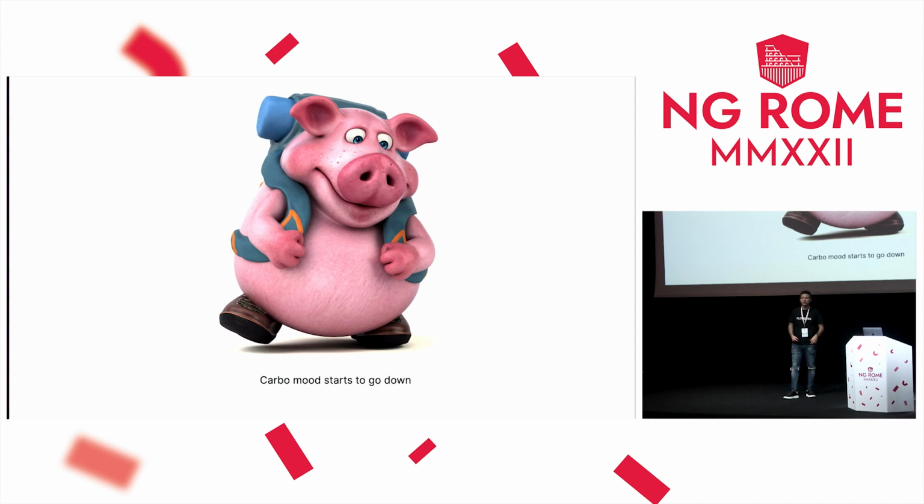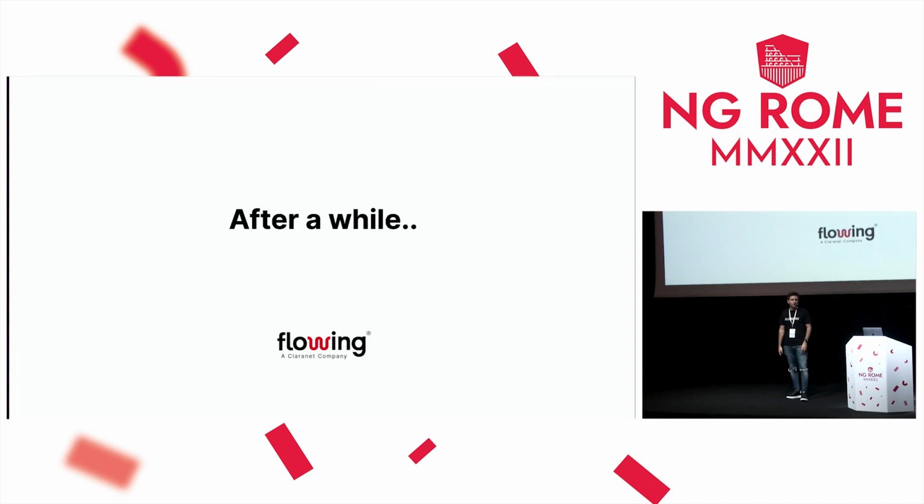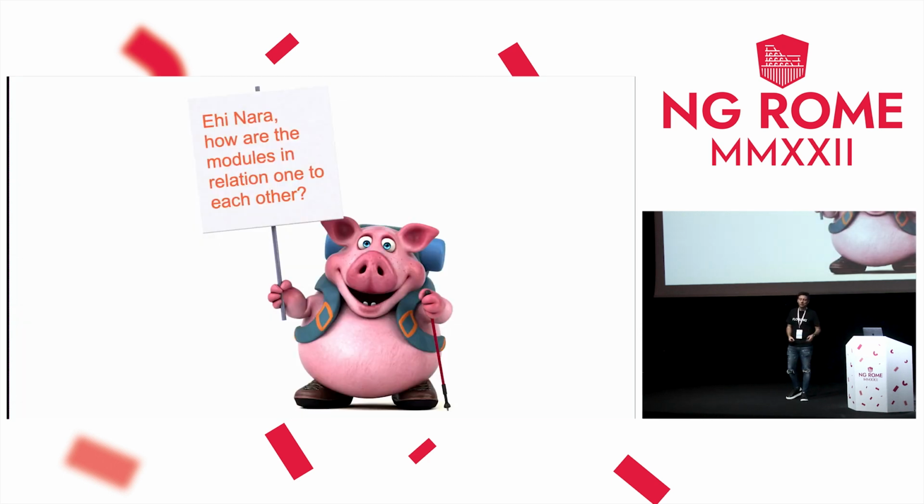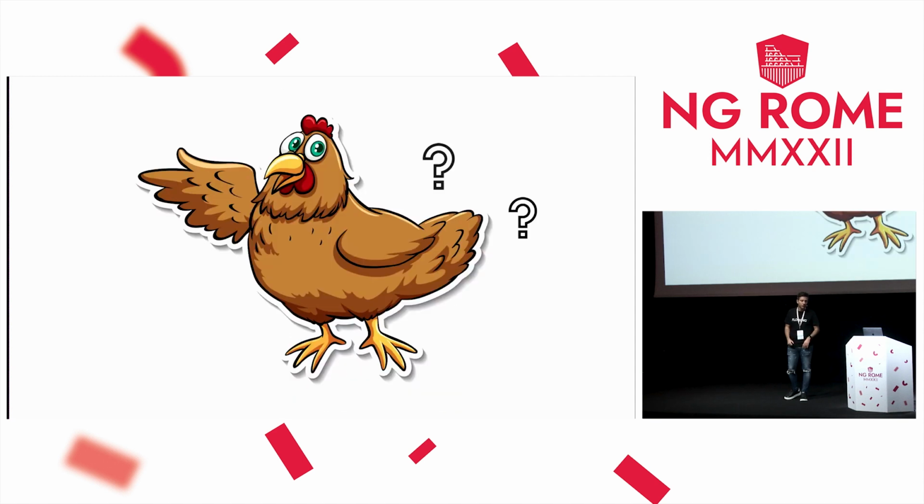Nara continues the onboarding, speaks about the code base, about the decisions made by the team, and after a while, Carbo has a question for Nara and asks, hey Nara, how are the modules in relation to each other? And the reaction of Nara is this.